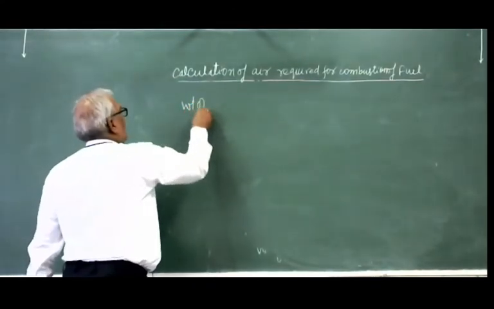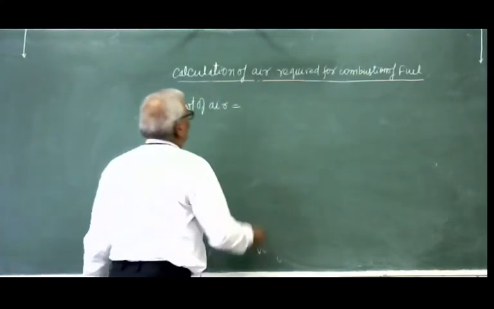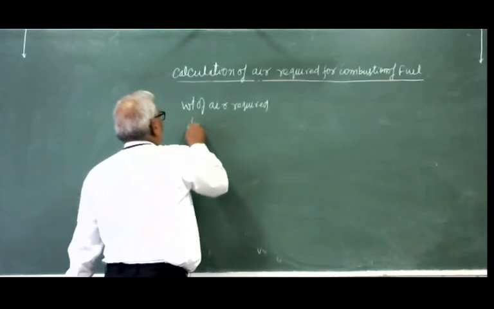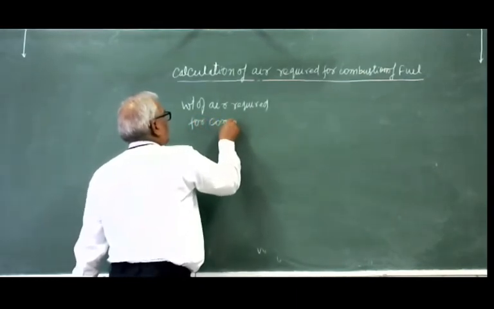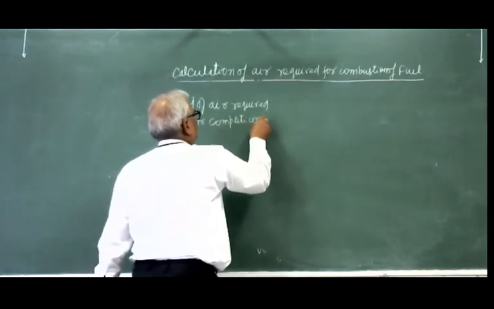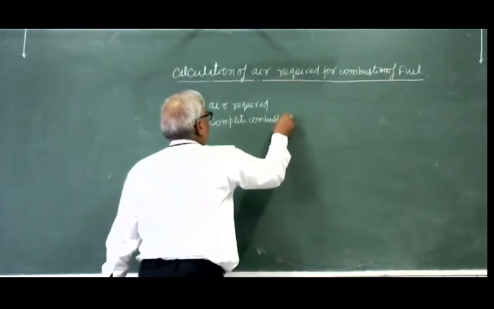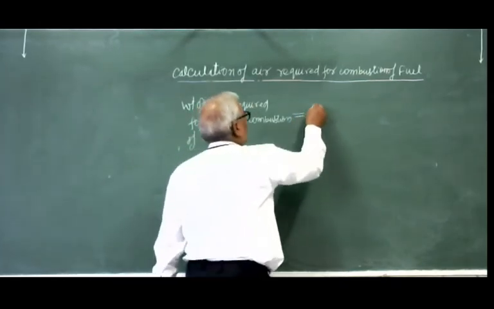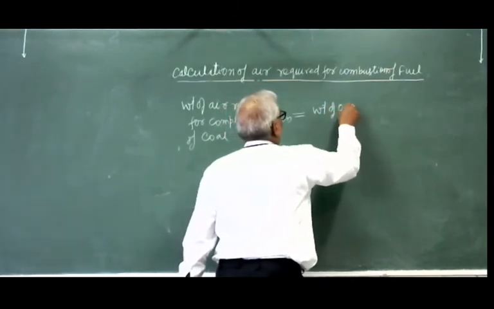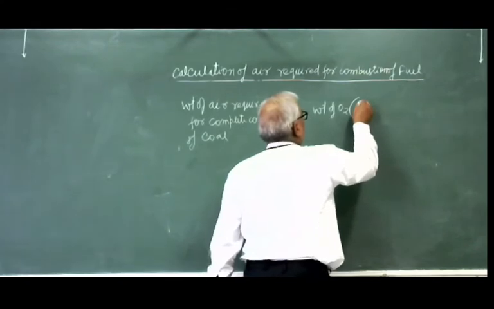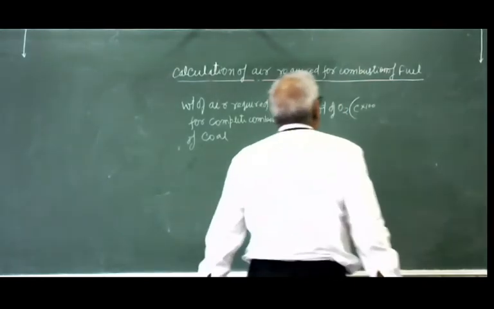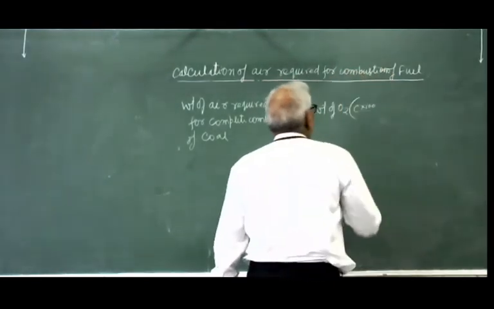Weight of air, equal to weight of air required for complete combustion of coal, is equal to weight of O2 percentage, weight of carbon multiplied by 100 by 23.